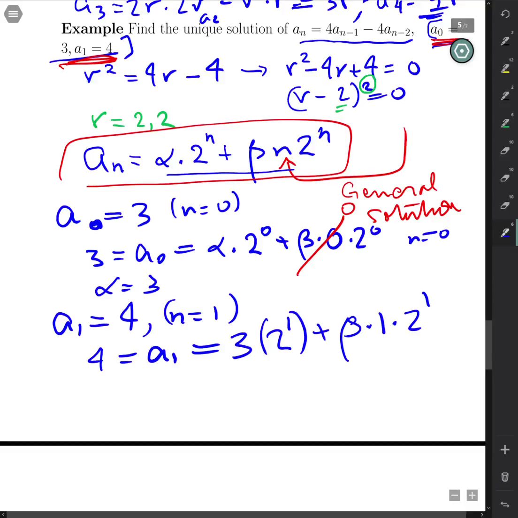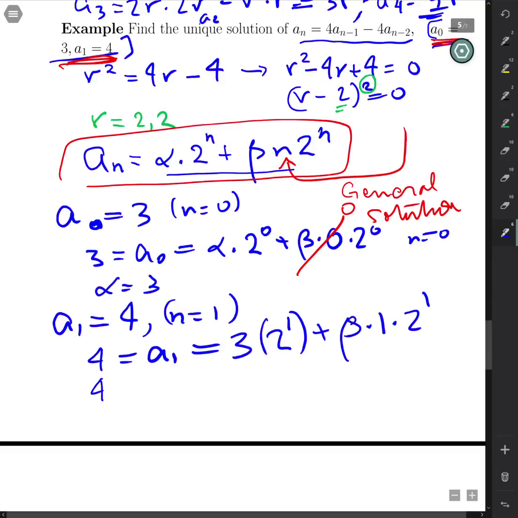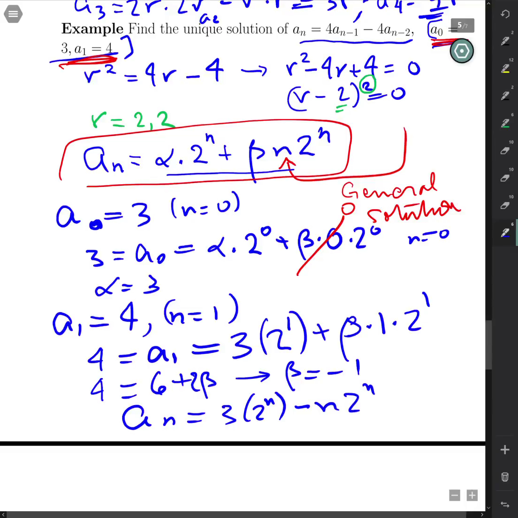We'll solve that for beta: 4 is equal to 6 plus 2 beta, and so that gives us beta is equal to minus 1. So the solution is a_n is equal to 3 times 2 to the n minus n times 2 to the n. And if we wanted to, we could write that as 3 minus n, factoring out the 2 to the n. So there it is.